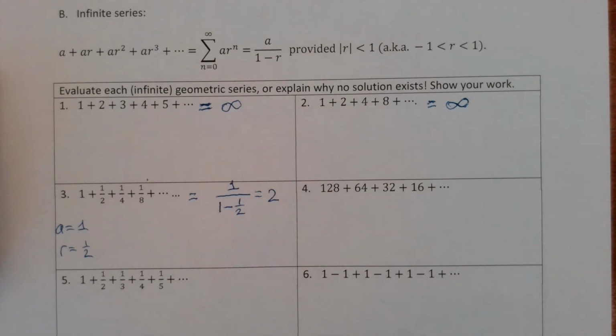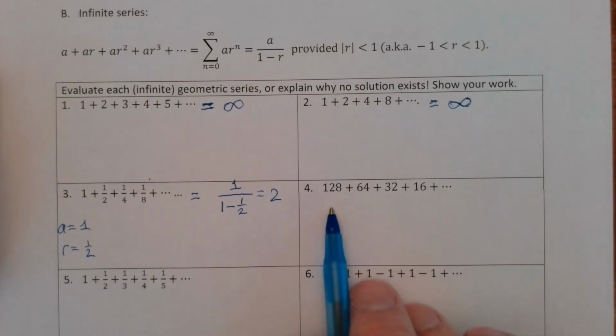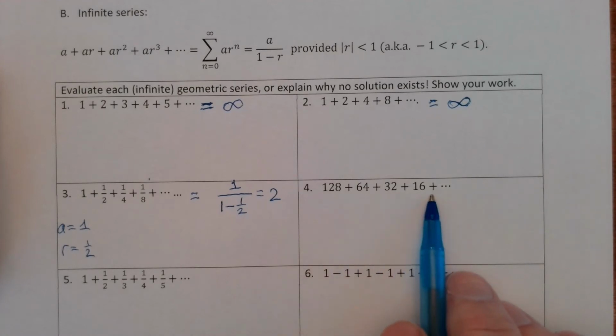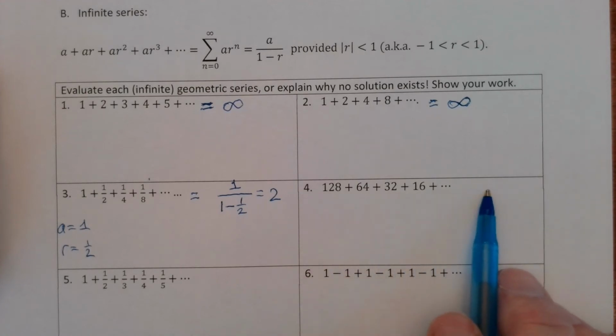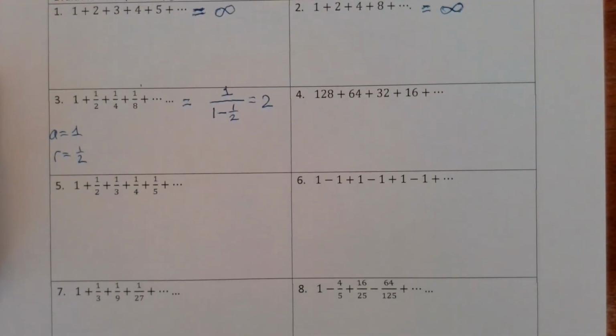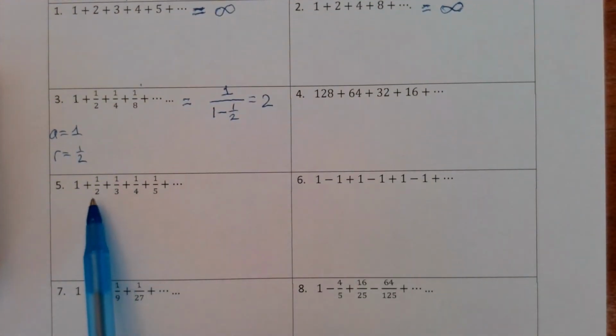All right. Here's another geometric series that uses 1/2 as a common ratio. And it's going to add up to 256, and I'll let you work out the details on that. Okay, this one we're not going to do. It's not geometric. It's famous. It's called the harmonic series.